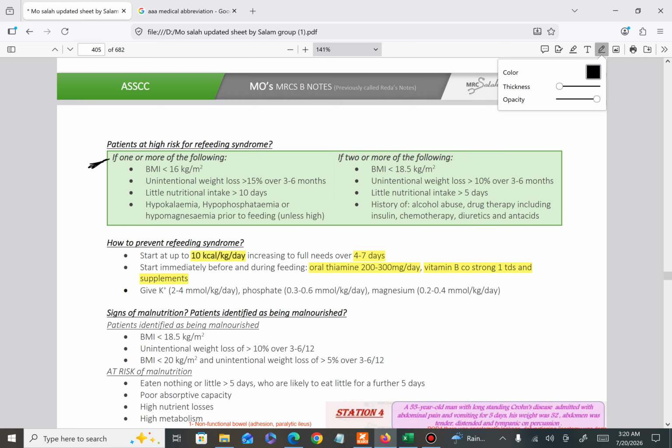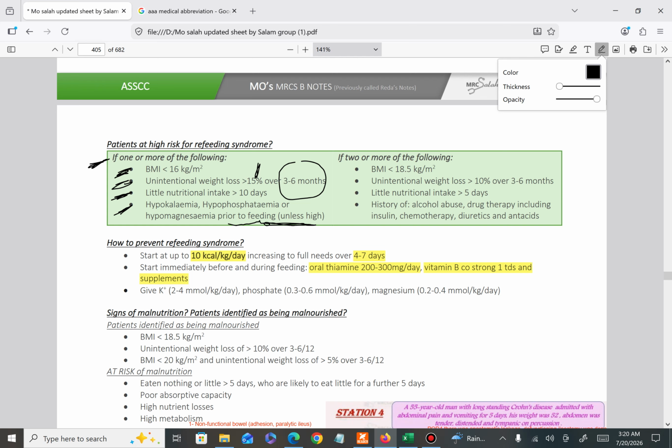If one or more of the following is present, then the patient is at high risk for refeeding syndrome: BMI less than 16 kilogram per meter square, unintentional weight loss more than 15% over 3 to 6 months, little nutritional intake for more than 10 days, hypokalemia, hypophosphatemia or hypomagnesemia prior to feeding.